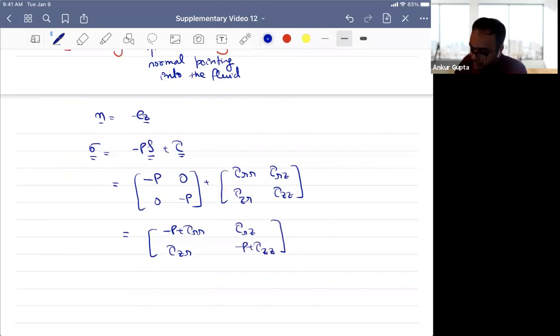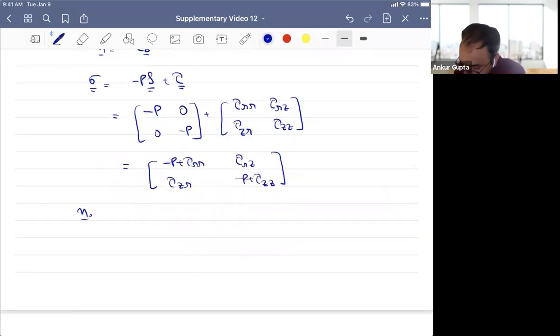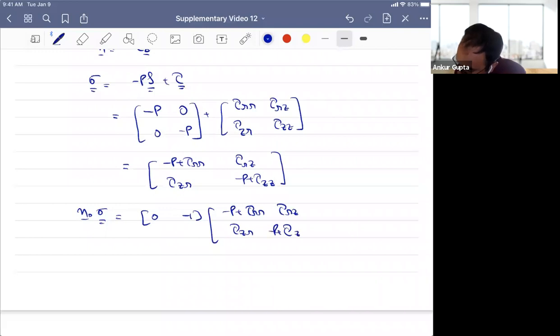So this is sigma, and then n dot sigma: n is (0, minus 1) times the matrix with minus P plus tau RR, tau RZ, tau ZR, and minus P plus tau ZZ.